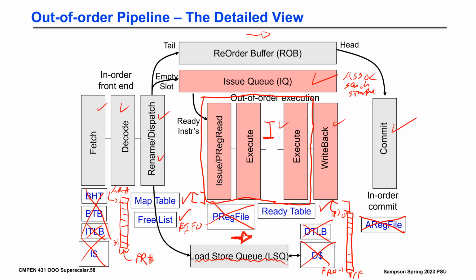So that could be a map-based index structure. Could just literally walk through every possible entry. We're not going to judge you on the efficiency of implementing this. This of course does have FIFO properties on the ROB. IQ does not.